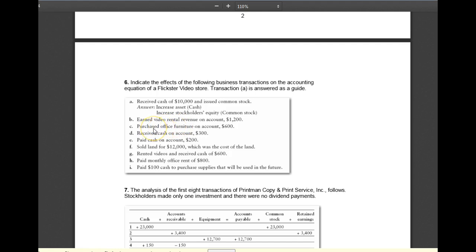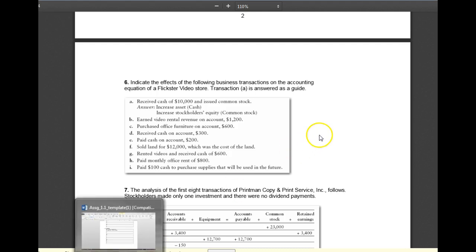And you'll go down, how about you purchase office equipment or office furniture on account? Well, let's see, I'm on account. I'm probably increasing accounts payable, which is a liability. And I'm increasing office equipment or office furniture, which is an asset. So kind of ferret down through those and transfer them to the template.